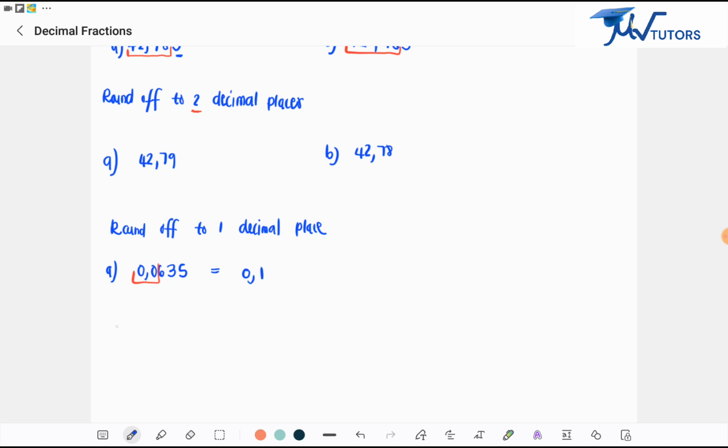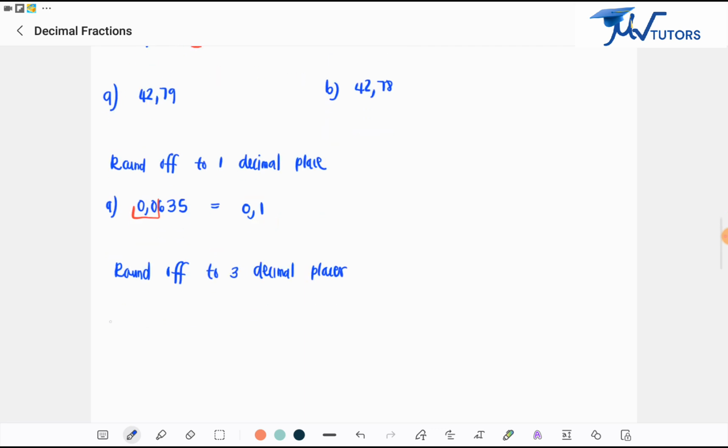All right. Now let's just say I need to round off to 3 decimal places. We're going to use the same number. So round off to 3 decimal places. Again, I have 0,0635. If it's 3 decimal places, I'm going to look at the decimal comma and count 1, 2, 3.